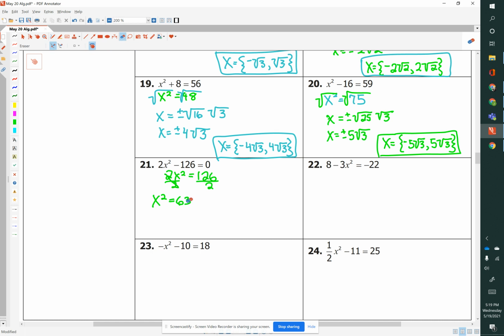I'm going to move that over so I leave enough room for my radical. So we'll take the square root of x squared and of 63. And on the left, we have x. On the right, we can think of 63 as 9 times 7.